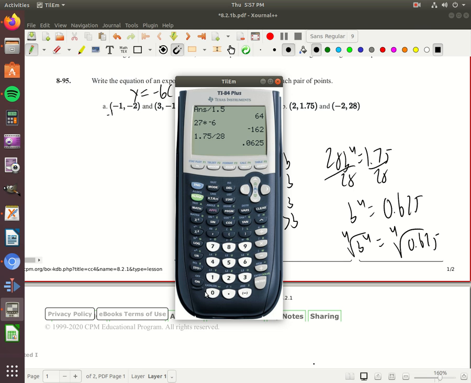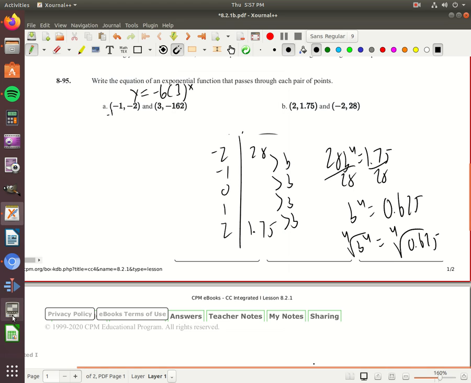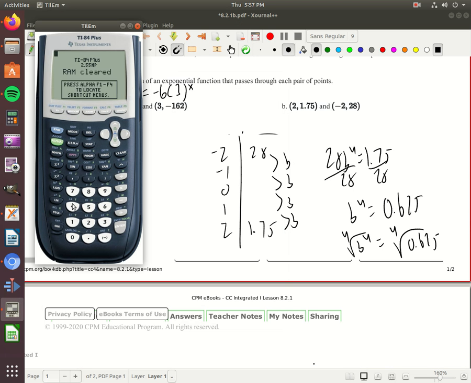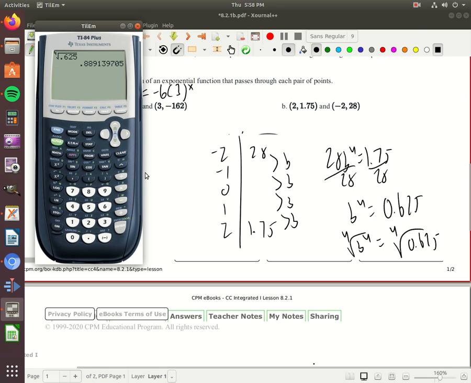I keep hitting it, but it's not working. Let me close this and reopen it and see if I have any better luck here. So I'll get the fourth root of 0.625. So I get b equals 0.889. Great. All right, so let's see what happens.